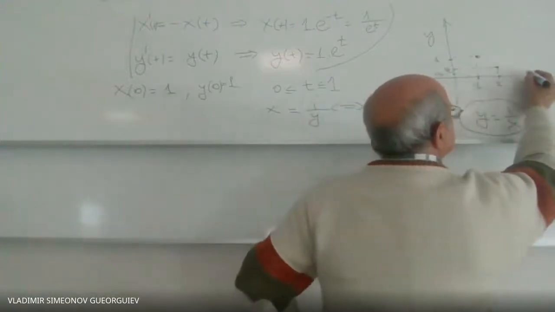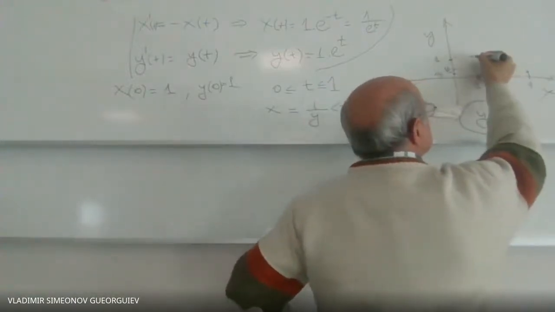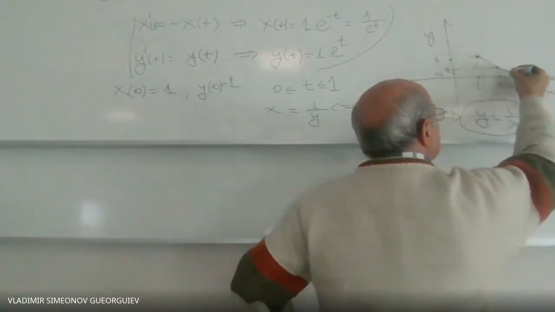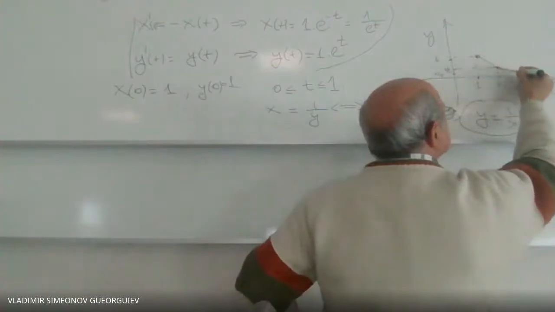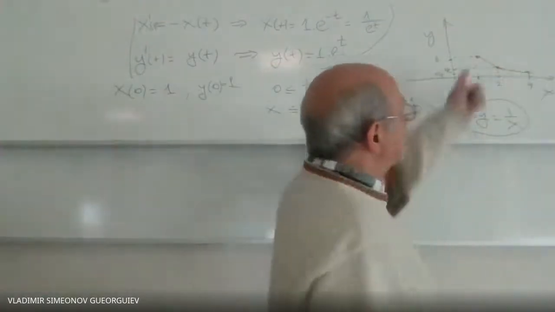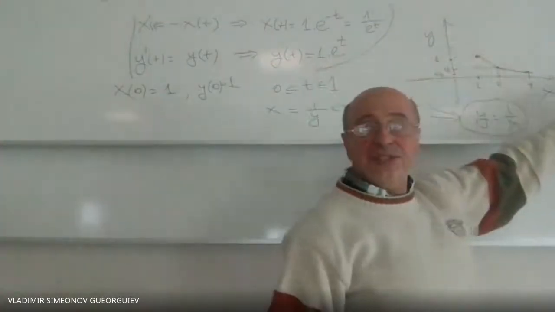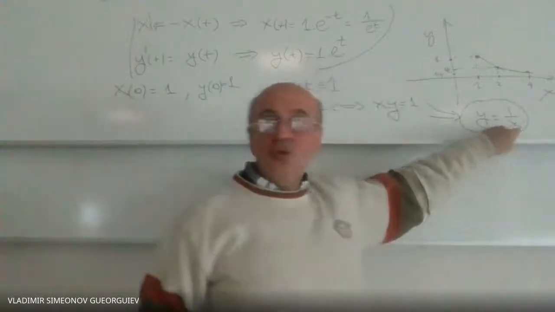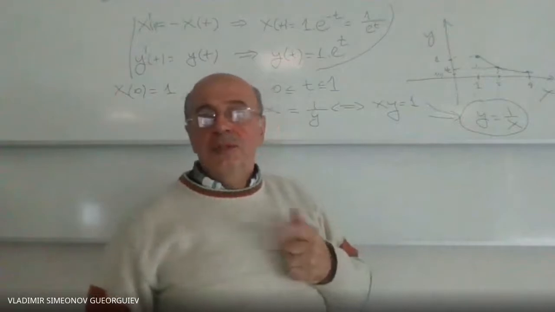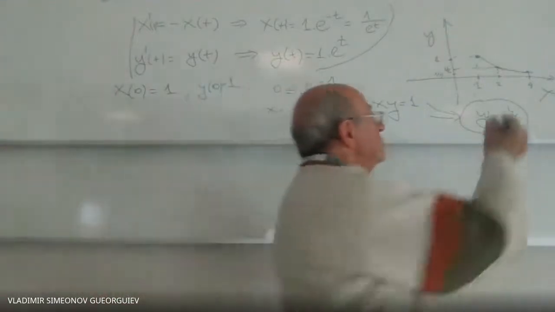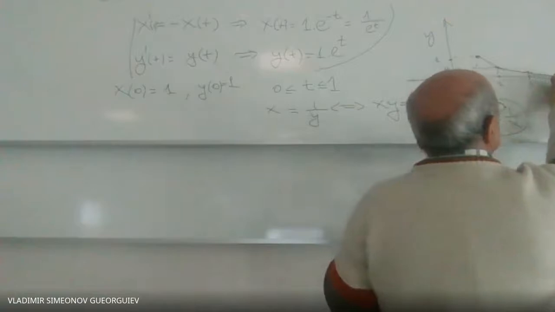And as you can see, connecting, sorry, my pictures are bad. You see, this is function decreasing, but when x goes to infinity, 1 over x goes to 0. Therefore, we have such behavior.